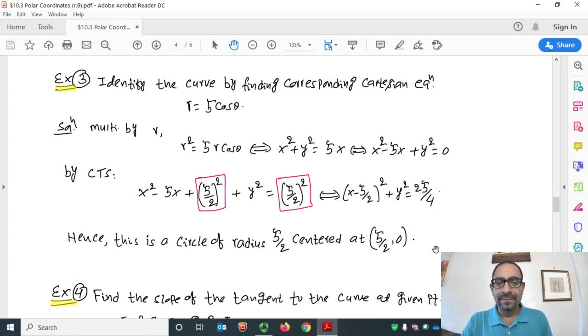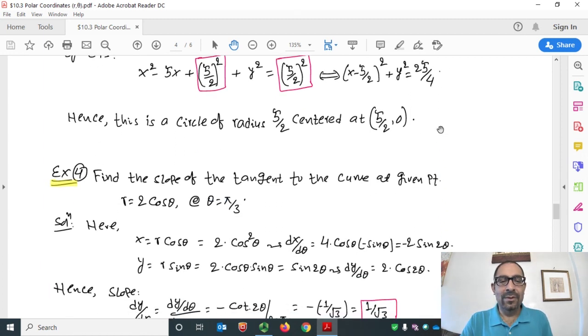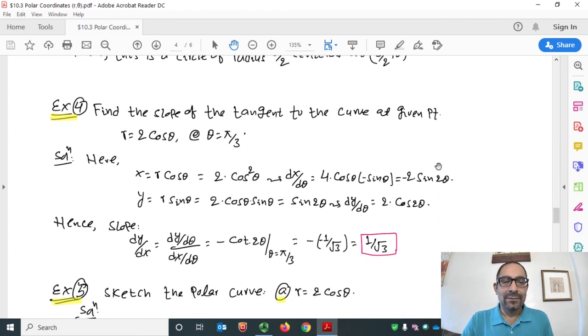Great. Let's move on. Example 4. Find the slope of the tangent to the curve at the given point. The given curve is r equals 2 cosine theta and the given point is theta equals pi over 3. Begin the solution. Here we know x equals r cosine theta, y equals r sine theta.